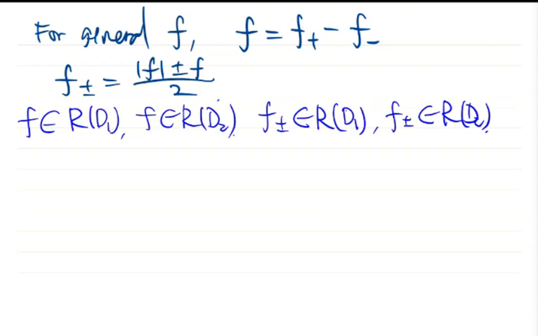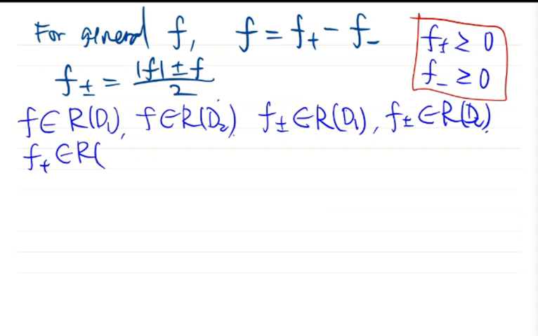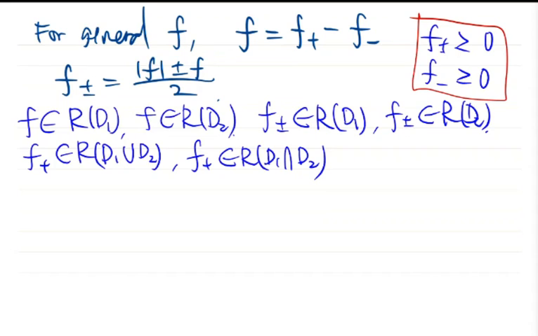Therefore, we can use the previous result, because both the positive part and the negative part are non-negative. So we can apply the previous result to f plus and f minus to see that f plus is integrable over D1 intersect with D2, and for the negative part the result is also true.